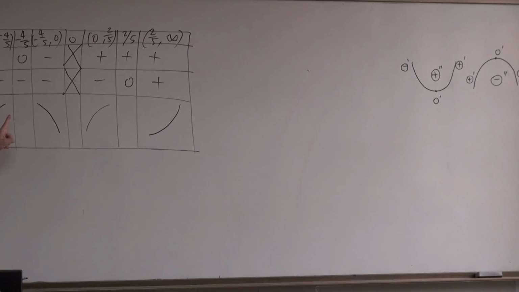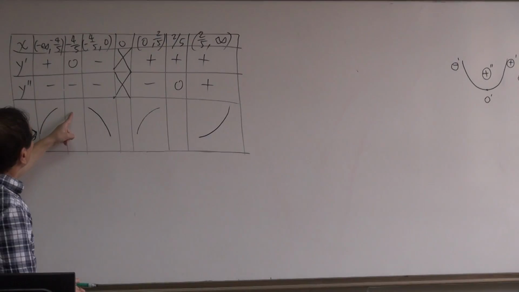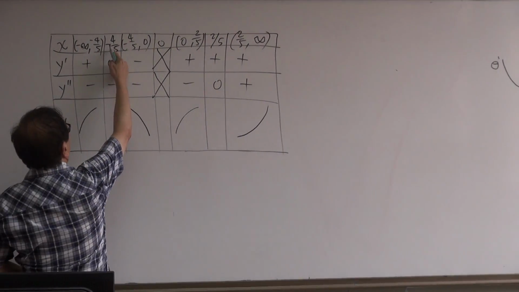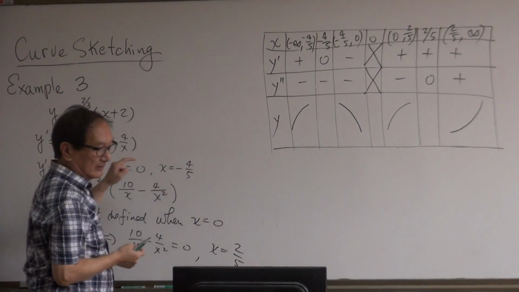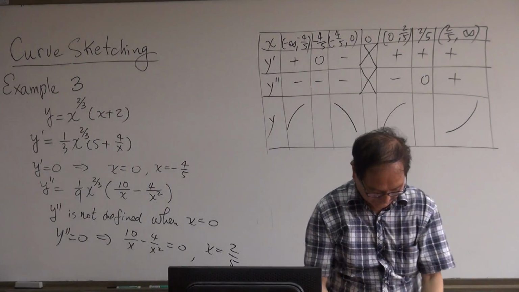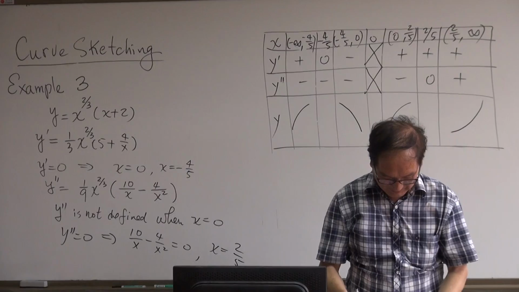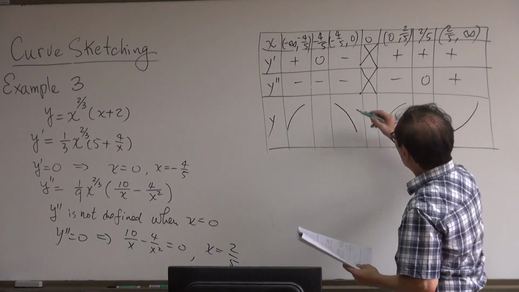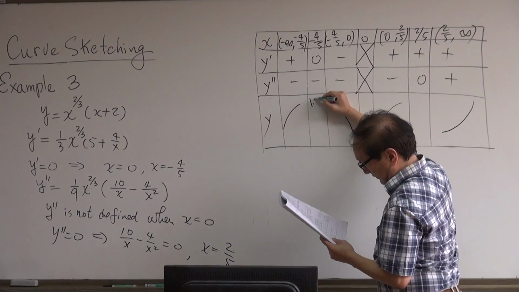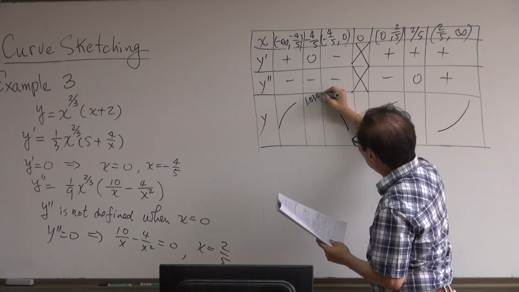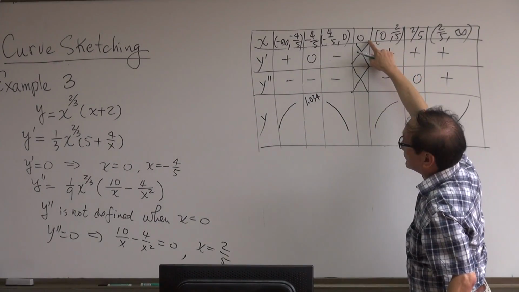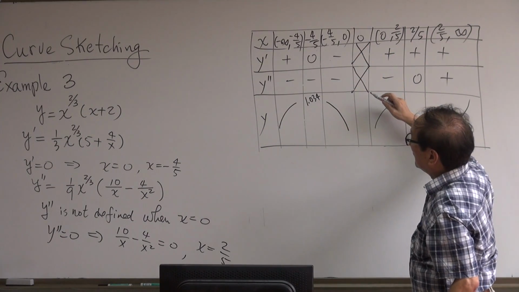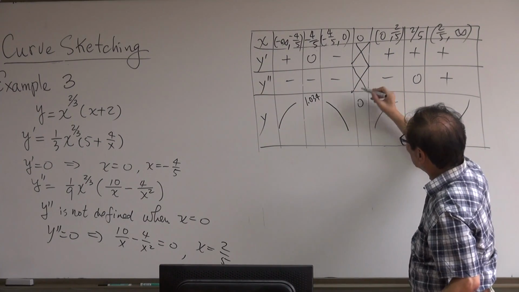Okay, then we find the location of these points. When x equals this number, we plug the number in and we can find y. The number is 1.034 roughly. And when x equals 0, y equals 0.